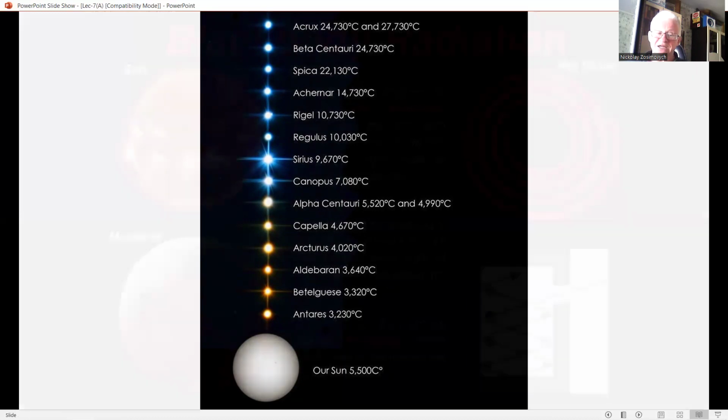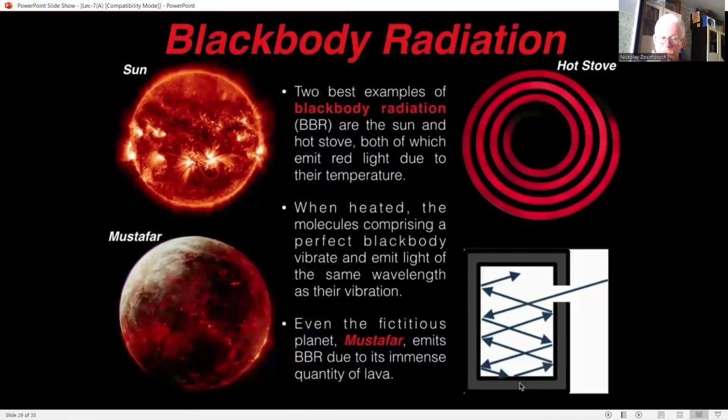Now you can understand why a hot object glows. The hotter an object is, the more motion among its particles. The agitated particles collide with electrons, and when electrons are accelerated, part of the energy is carried away as electromagnetic radiation.